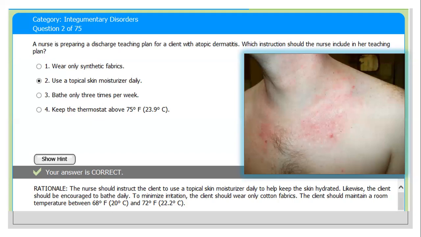Diagnosis involves physical examination and tests to rule out other conditions. Let me recap the treatment. The treatment helps to reduce the redness and itching of the skin with medication and application of creams. And this cream is a moisturizer, used daily to keep the skin hydrated.